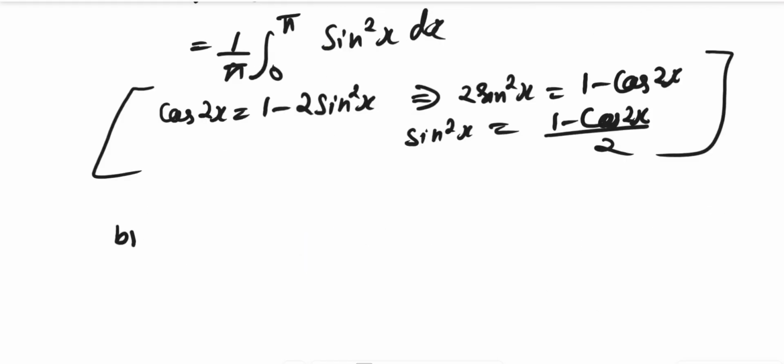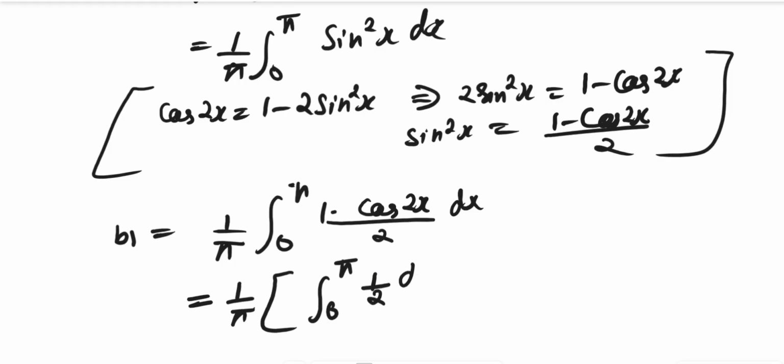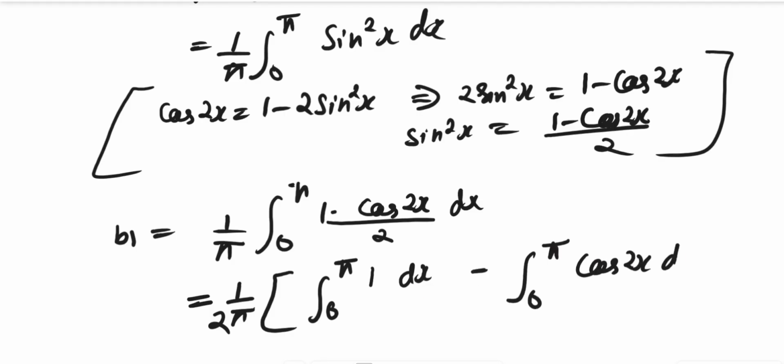This gives b1 is equal to 1 upon pi integration 0 to pi, put the value for sin square x, it is 1 minus cos 2x divided by 2 dx, which we will write separately. We take 1 upon 2 common first. So it is 1 upon 2 pi integration 0 to pi 1 dx minus integration 0 to pi cos 2x dx.